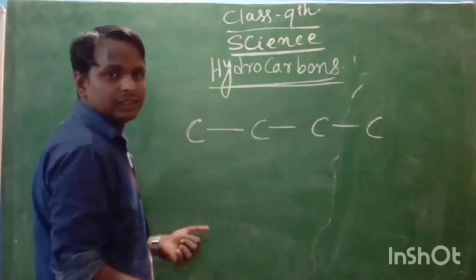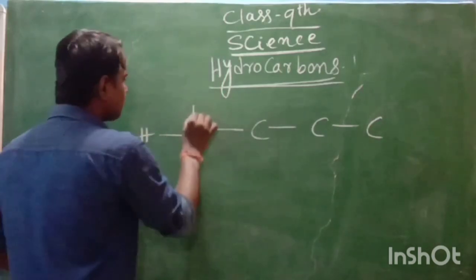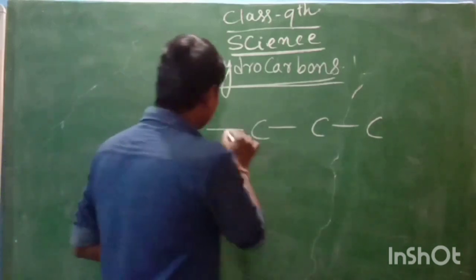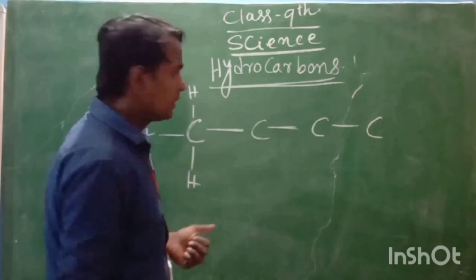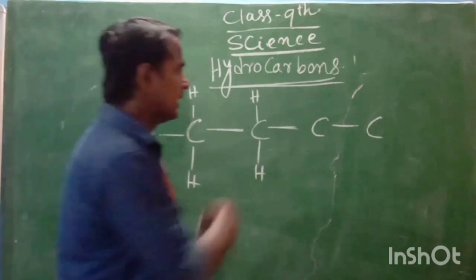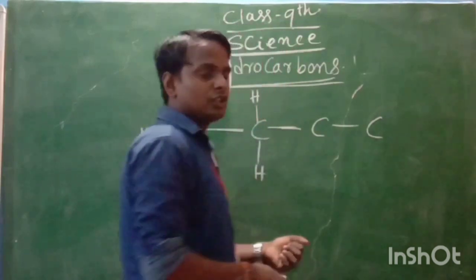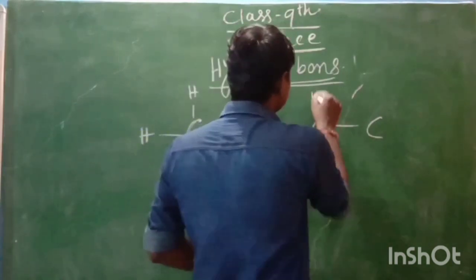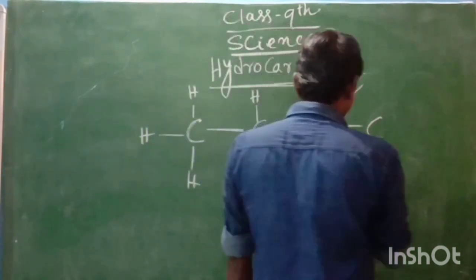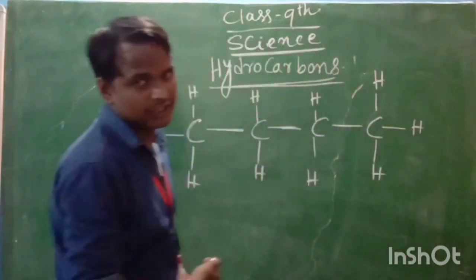The first carbon forms 1 bond with carbon, 3 bonds remain, and those 3 bonds are filled by 3 hydrogen atoms. The next carbon forms 2 bonds with carbon atoms, so 2 bonds remain, which are filled by hydrogen atoms. The next carbon also forms 2 bonds with 2 carbon atoms and 2 bonds remain, filled by hydrogen atoms. The last carbon also forms 1 bond with a carbon atom, so 3 bonds remain, filled by 3 hydrogen atoms.